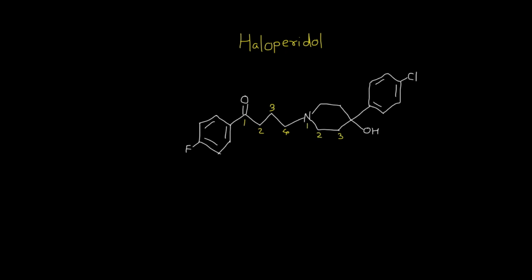Then number the piperidine ring, followed by the last phenyl ring, and then give the numbering to the first phenyl ring, just like this. Remember, while numbering, you have to give first preference to the functional groups and then the substituents. So this is the structure of haloperidol.